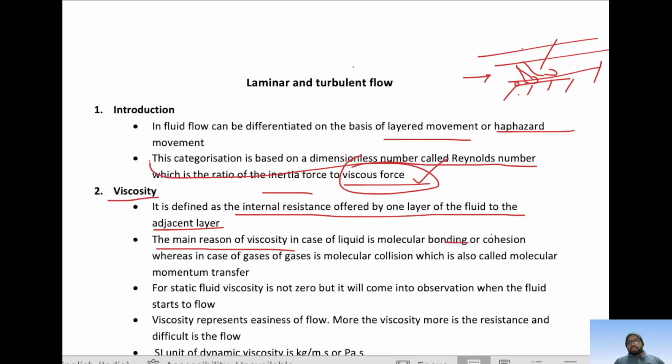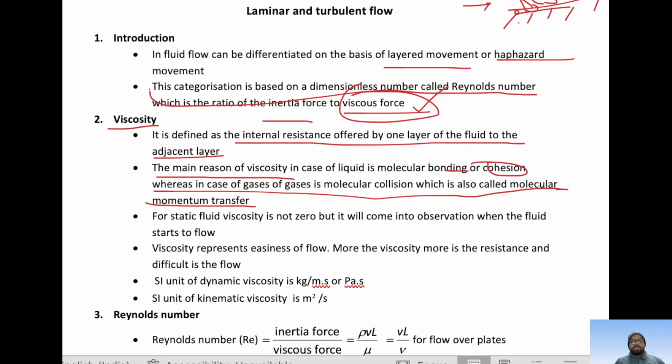Cohesion is defined as the intermolecular forces of attraction between the same molecules, and adhesion is between different molecules. Whereas in the case of gases, molecular collision, which is called molecular momentum transfer, is the main cause of viscosity. For a static fluid, viscosity is not zero, but it comes into observation once the fluid starts flowing.